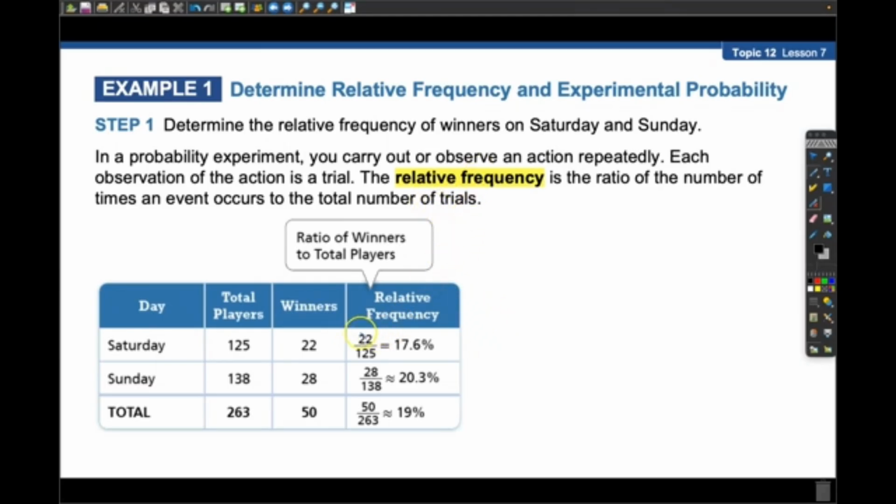So it's just the ratio of winners to total players. That is the relative frequency in this experimental probability.